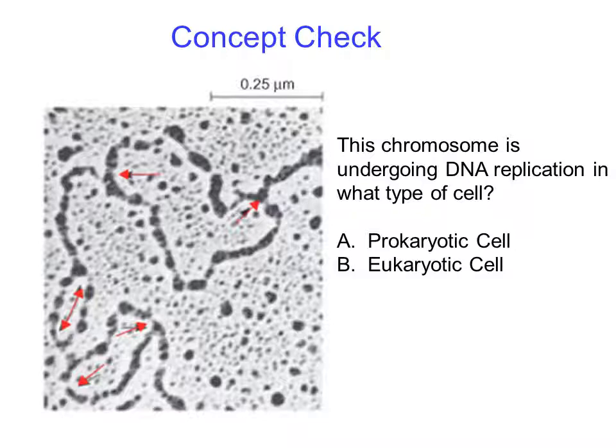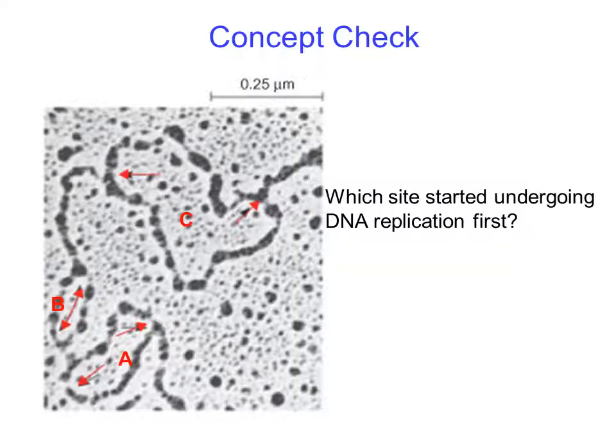Okay, hopefully your conclusion was that this is indeed a eukaryotic cell, because we have multiple origins of replication as opposed to just one origin of replication. You can see that we have several replication bubbles that are connected to one another. So the next question is, which site started undergoing DNA replication first?